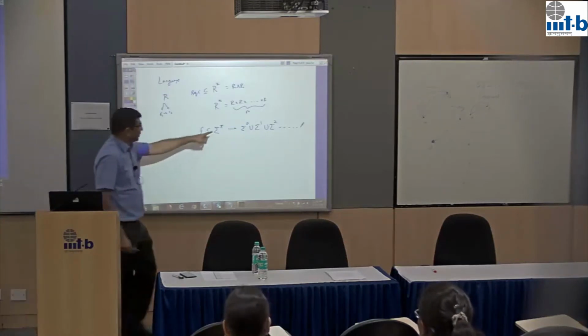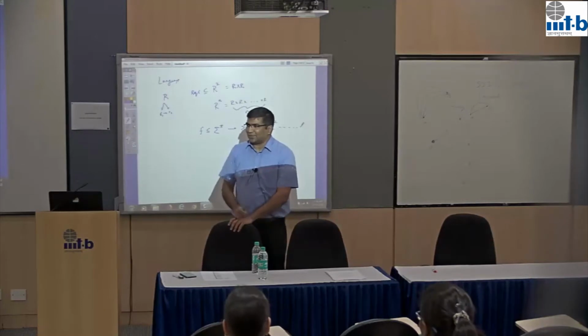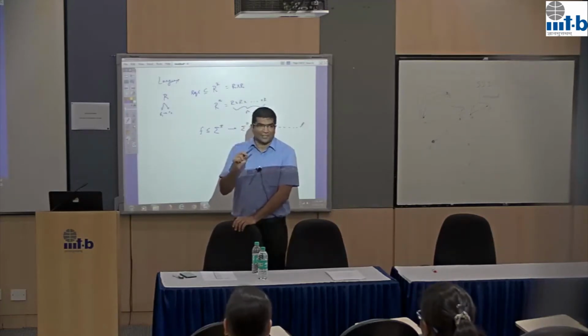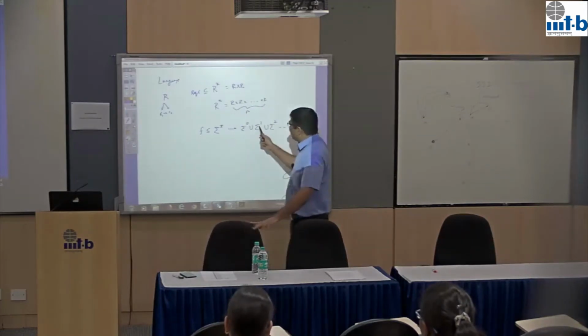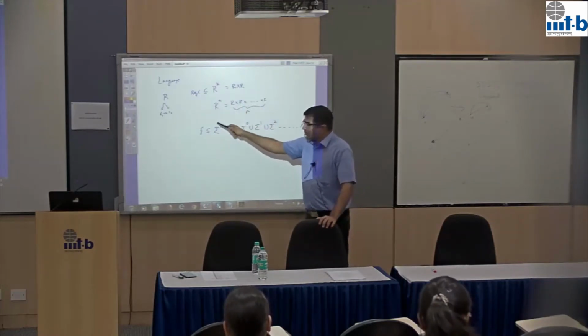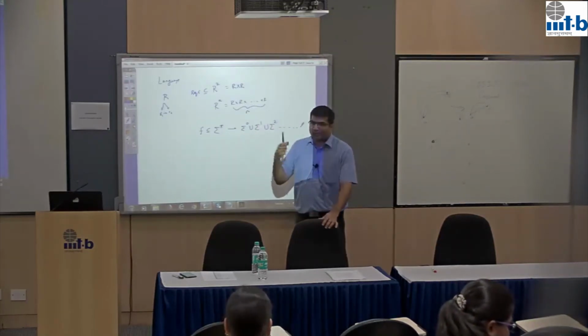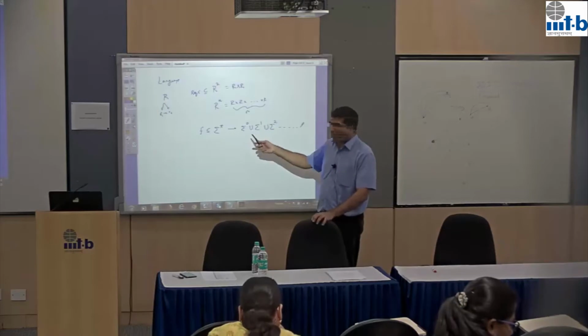What is sigma to the 0? It's basically the null string. It's not the null set, but the null string. Sigma to the 1 is the set of all one element strings you can make from elements of sigma. Sigma square is the set of all two element strings you can make from sigma, and so on.